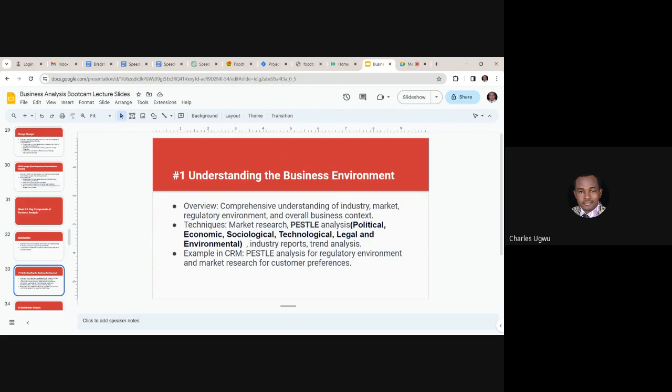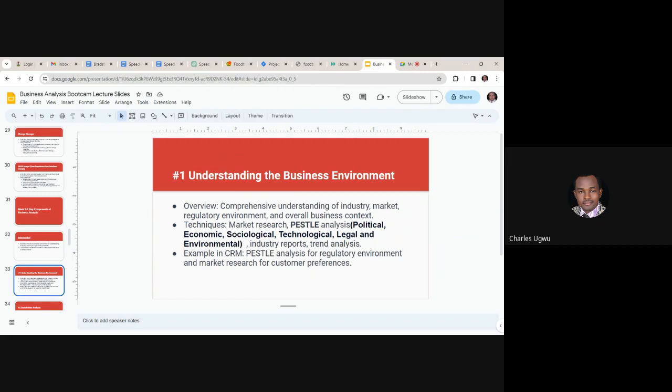PESTLE will help you to understand customer preference, looking at the political environment. What are the political factors affecting sales and marketing? Because these are the areas where CRM falls into: market preference, customer preference. How can the political environment affect customer preference?